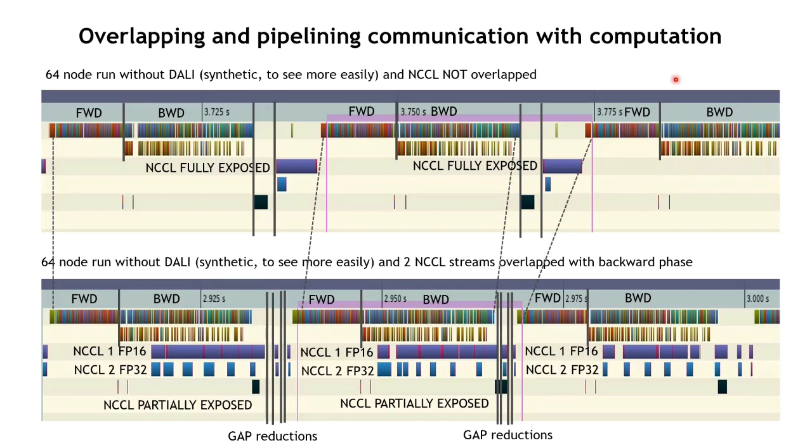We can see some exposed region of no execution bubbles before NCCL gets to execute. This is due to a GPU being slightly delayed for the several reasons mentioned in previous slides. In this diagram, we choose to not show the GPU streams used by DALI by running what we call a synthetic image generated on the fly.